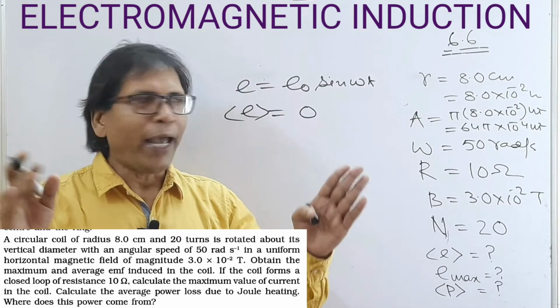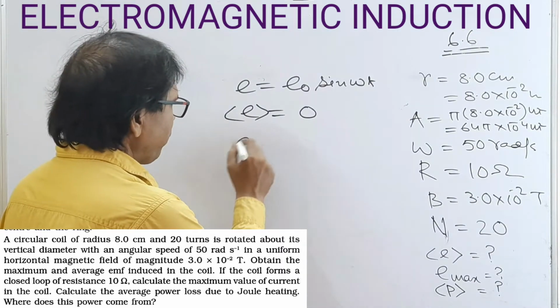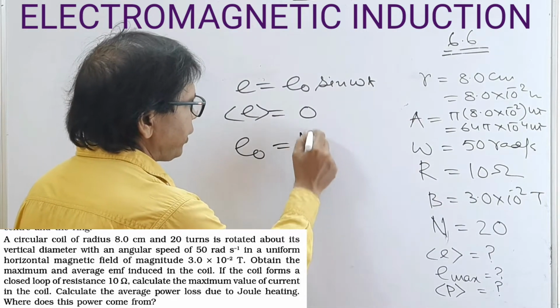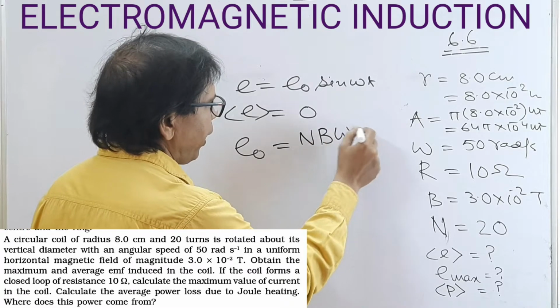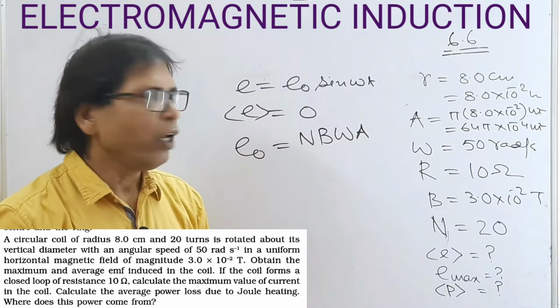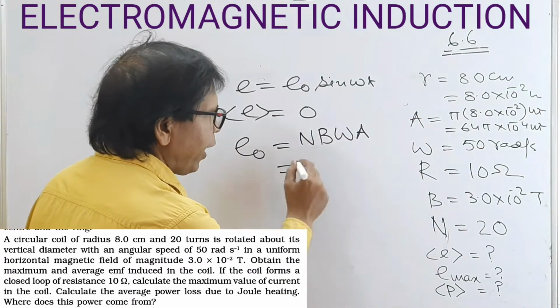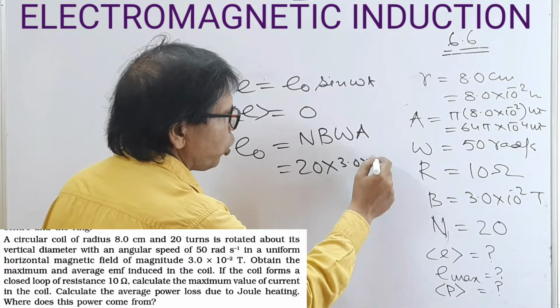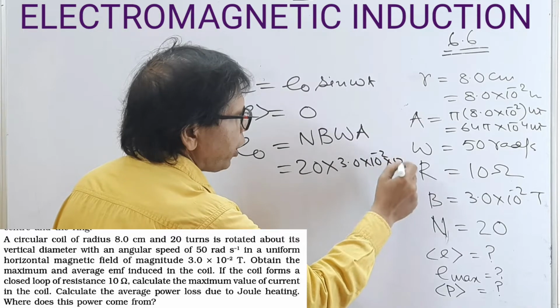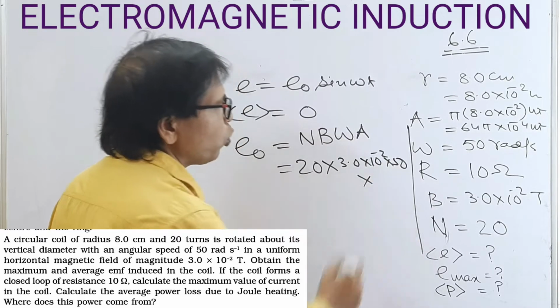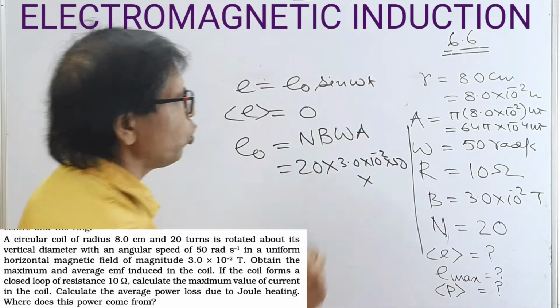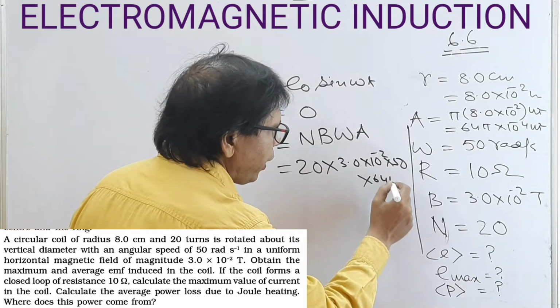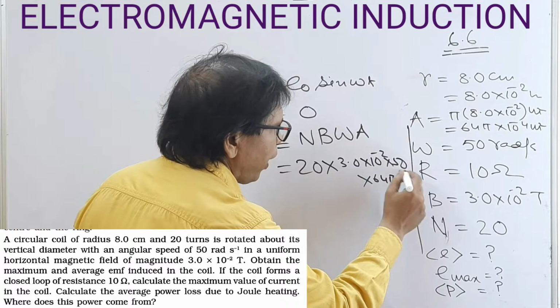Now the peak value of induced EMF is N B omega A. Here N equals 20, B equals 3.0 into 10 to the power minus 2, omega is 50, and A equals 64 pi into 10 to the power minus 4.